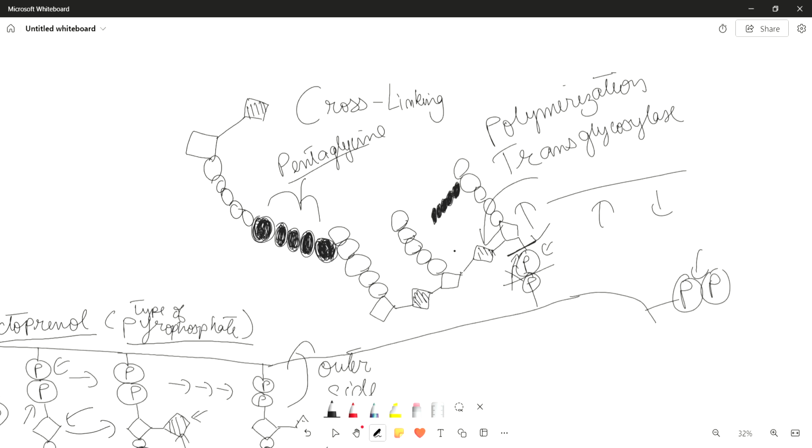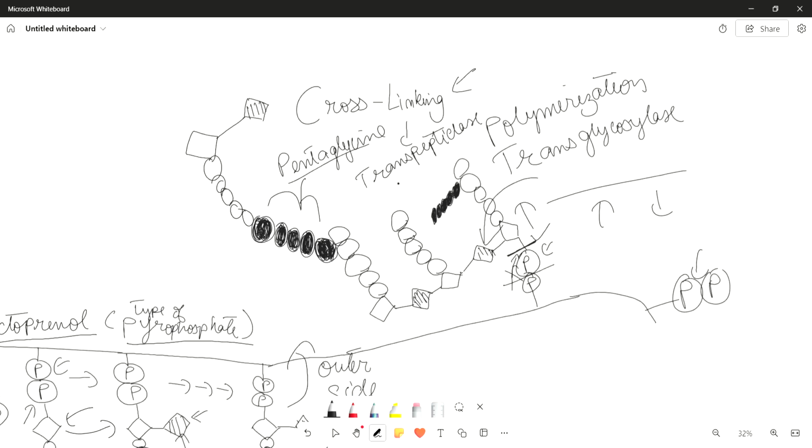But anyways, we have this complex sitting here. The next step occurs in gram positive but not in gram negative bacteria. It's called cross-linking. Cross-linking is done by another enzyme known as transpeptidase.